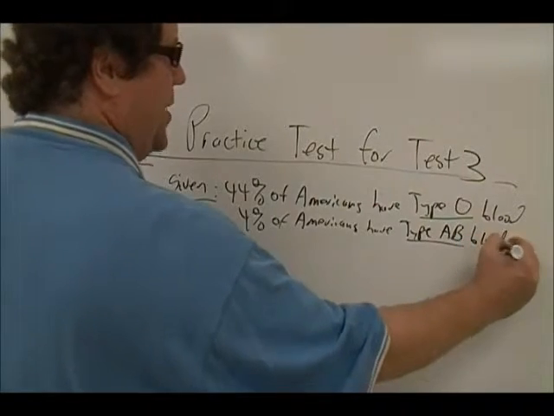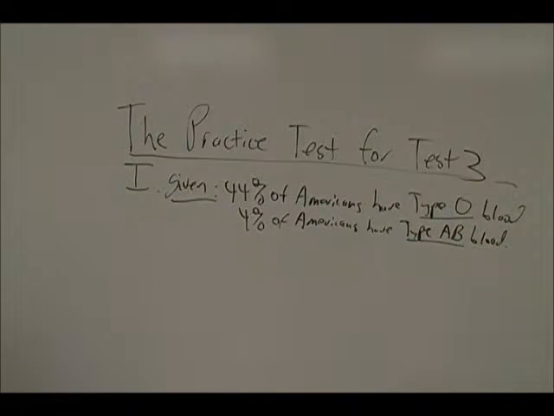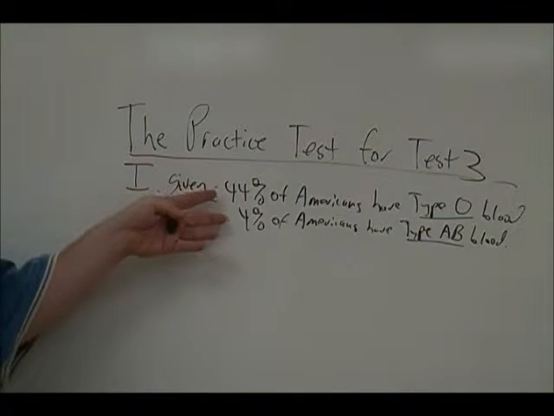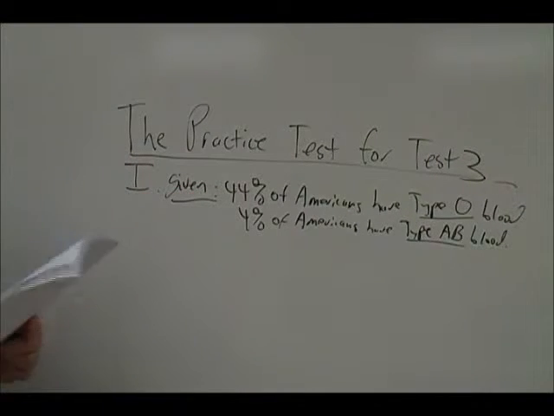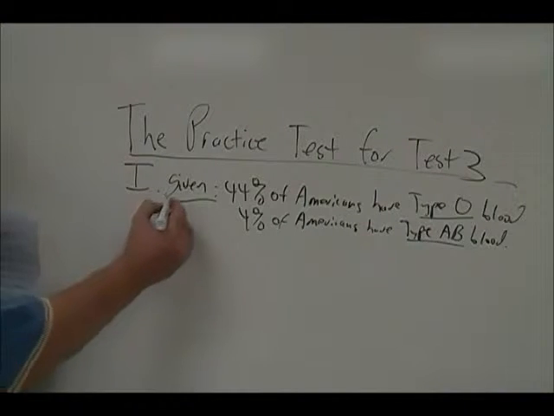So type AB blood is the least common blood type, and type O blood is the most common. And these are the percent breakdowns for both blood types. So that's given in the problem.